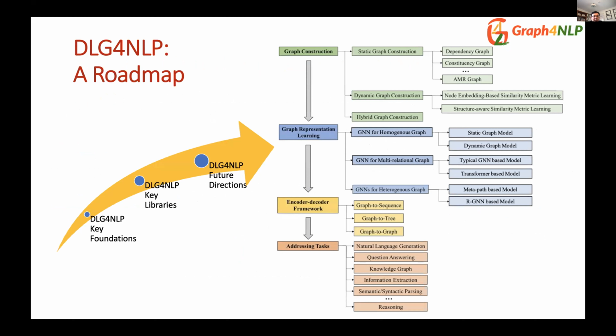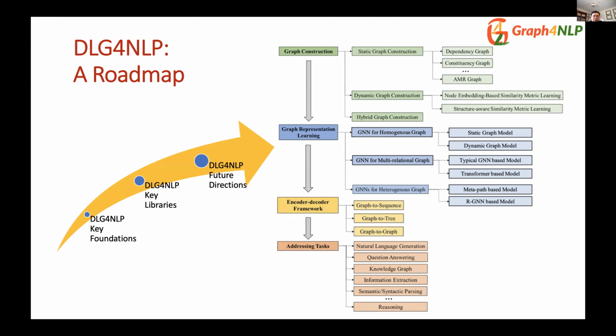Okay, so now I have finished this basic introduction about DLG4NLP. In the following parts, we will talk about the key foundations of DLG4NLP: the graph construction method, the graph learning method, and the graph-based encoder-decoder framework.